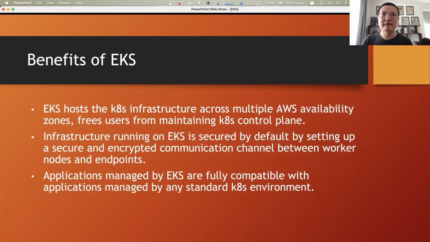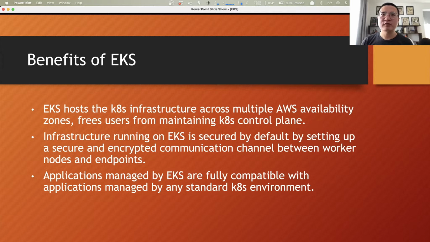Here I listed out a quick summary of benefits you can get from any cloud vendor. I'll use EKS as an example, and the same benefits apply to the Kubernetes services provided by other cloud vendors. Firstly, EKS hosts the Kubernetes infrastructure across multiple AWS availability zones and frees users from maintaining the Kubernetes control plane.